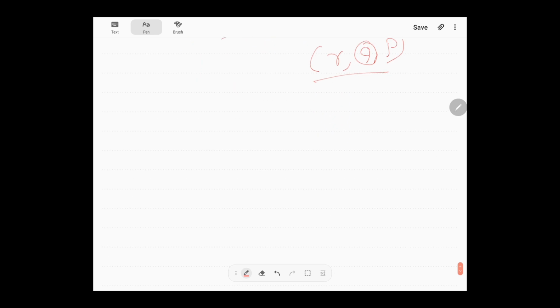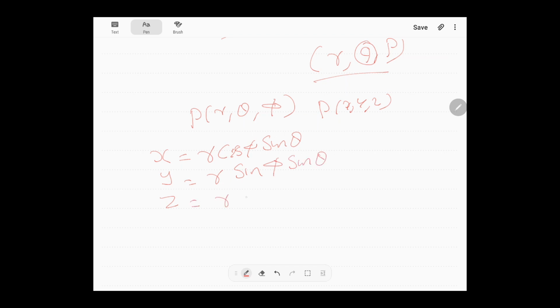So ultimately, if r, theta, phi are the spherical polar coordinates of a point, and x, y, z are the Cartesian coordinates of the same point, the relationship is x is r cos phi sin theta, y is r sin phi sin theta, z is r cos theta.